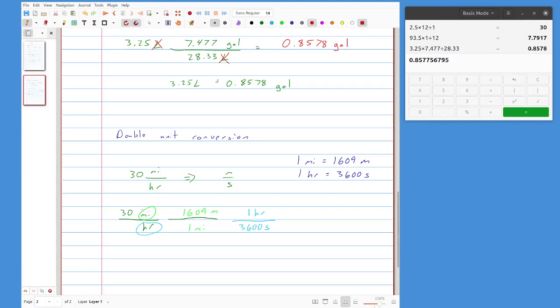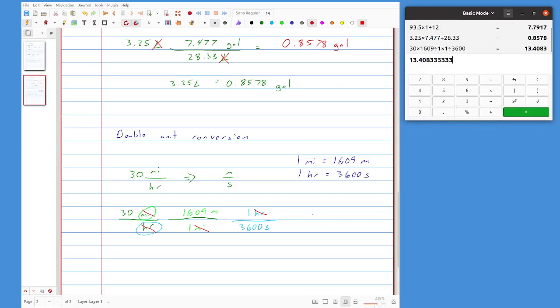In the end, the miles cancel with the miles, the hours cancel with the hours, and I'm left with meters per second. Now over here in my calculator, the way I'd actually put this in is 30 times 1,609, and technically divided by 1, even though the divided by 1 doesn't really make a difference, times 1 divided by 3,600.